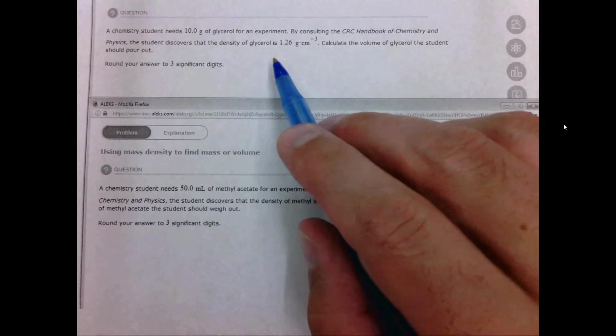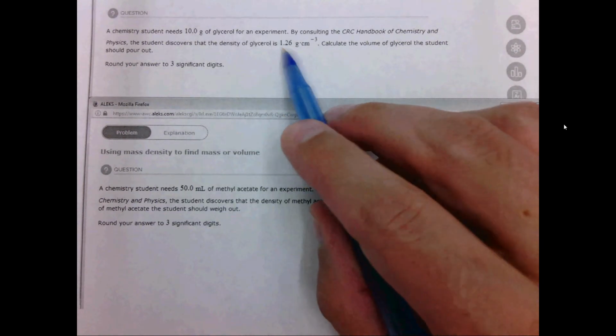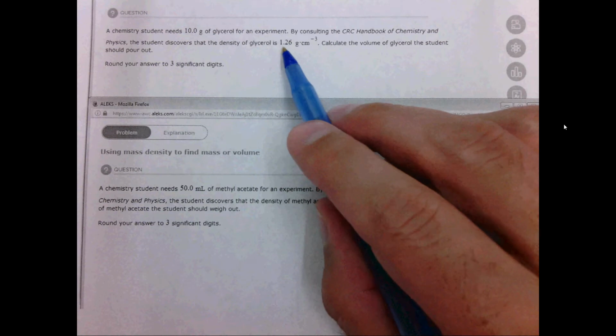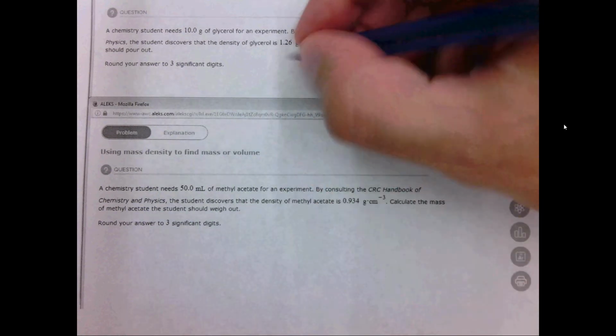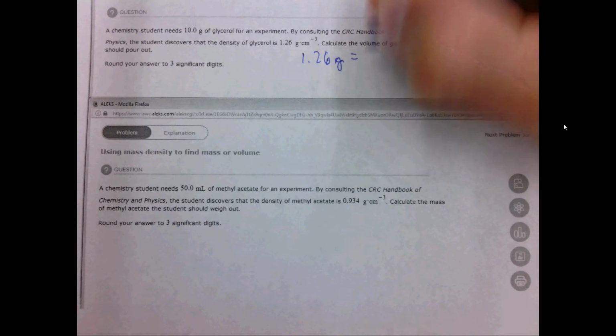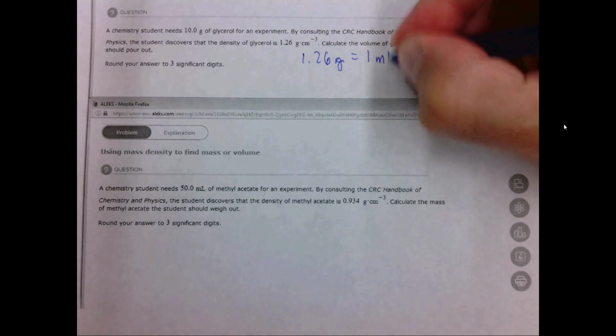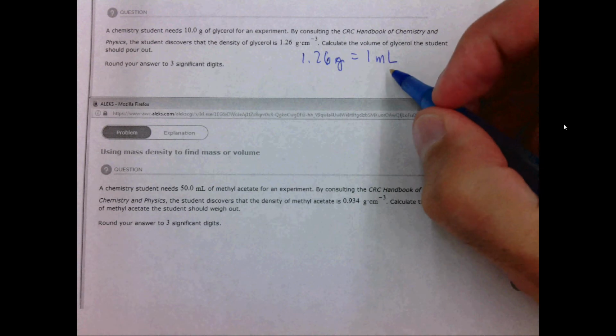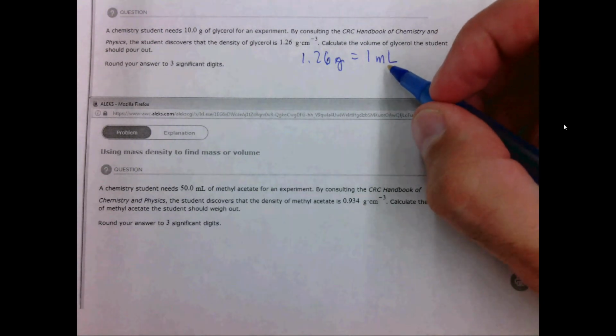So in order to do this by dimensional analysis, we need an equality. And the equality for density is 1.26, in this case, grams equals 1 milliliter or 1 centimeter cubed. And again, milliliters and centimeters cubed are the same thing.